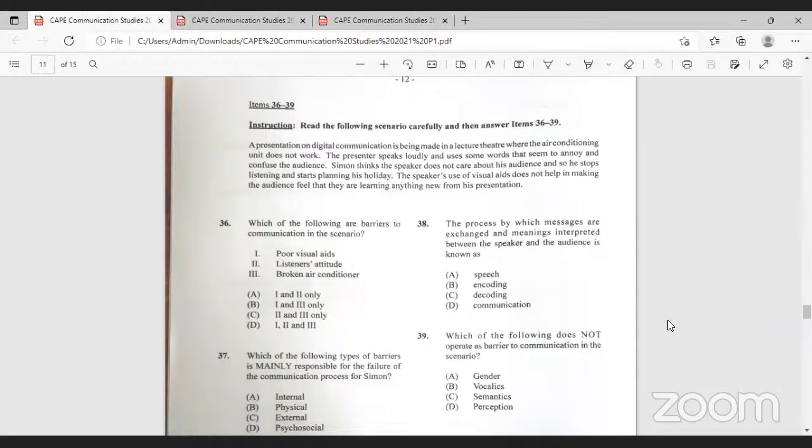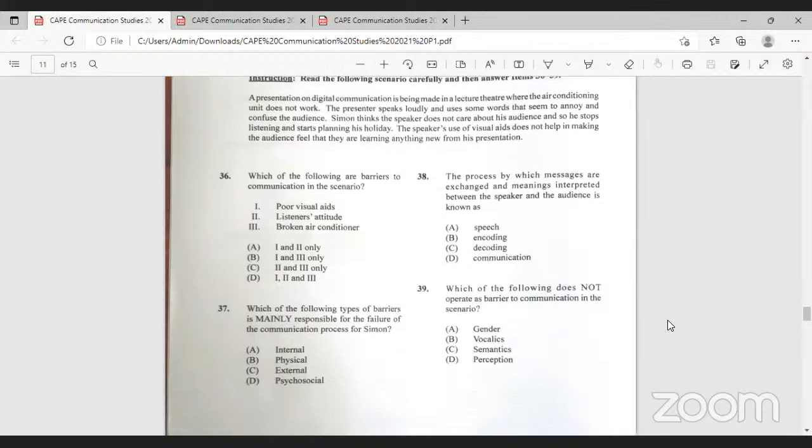37, which of the following types of barriers is mainly responsible for the failure of the communication process for Simon? Is it internal, physical, external, or psychosocial? Simon thinks the speaker does not care about his audience, and so he stops listening and starts planning his holiday.